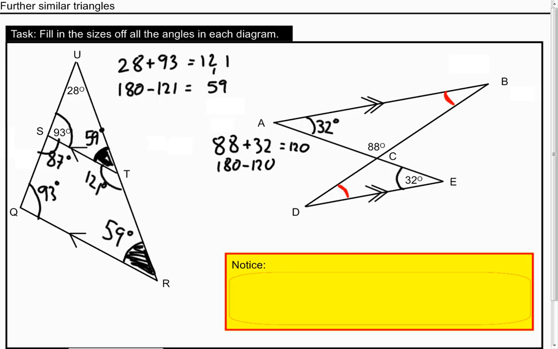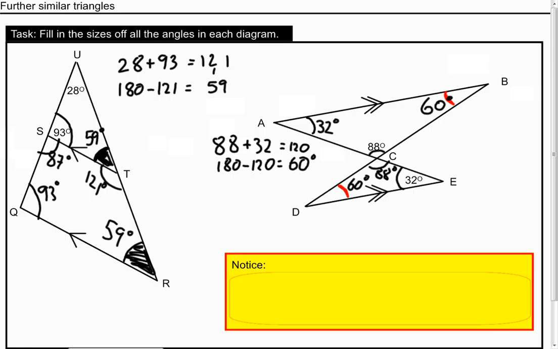Taking that away from 180 would be 60 degrees. So I know I have 60 degrees there, and I know I have 60 degrees there. My missing angle in the top there, I can look at it like this: two lines crossing over at a vertex, so I've got what's known as vertically opposite angles. So this angle in here will be 88 degrees.